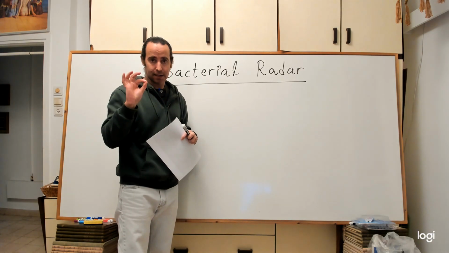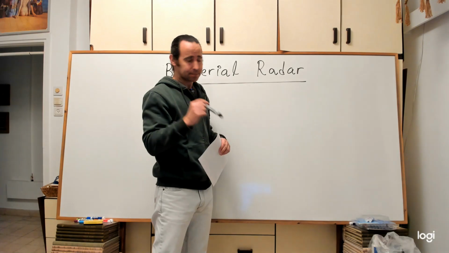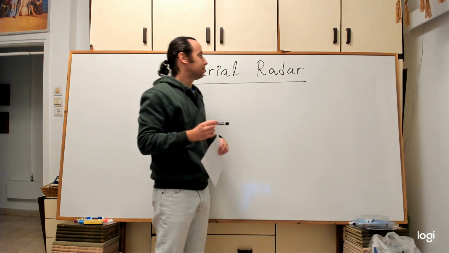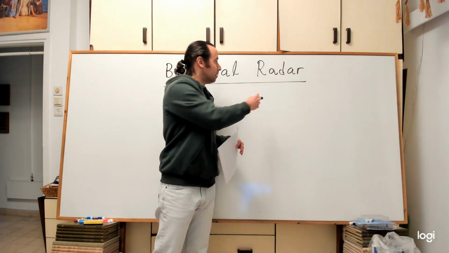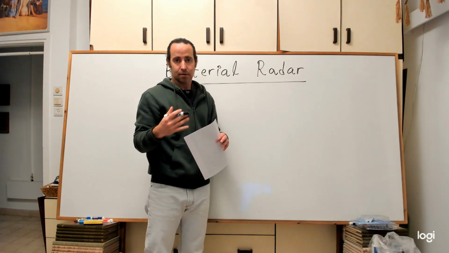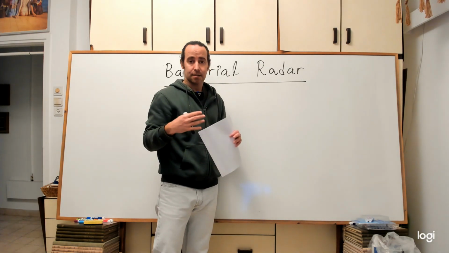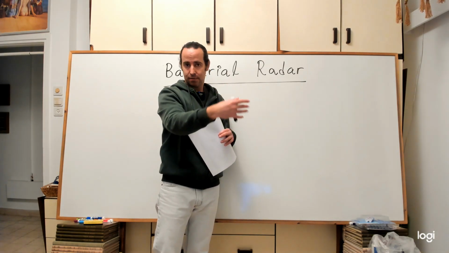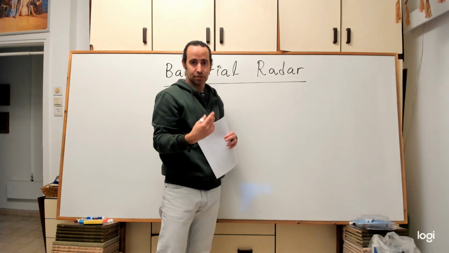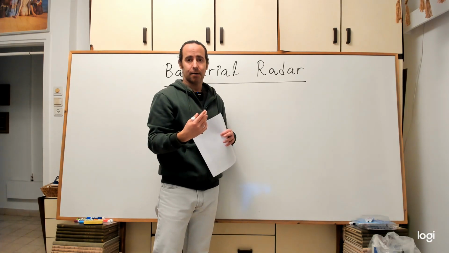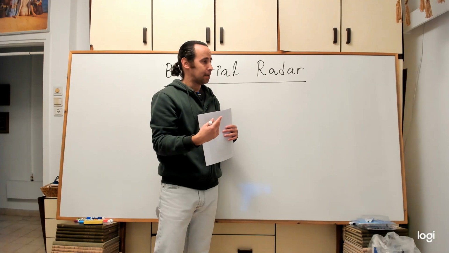Bacteria, tiny creatures, and germs. And radar normally means like a sonar, something that makes a wave, and then the waves hit something, and some of the reflection comes back, and we know how far this something is, like in the dark.